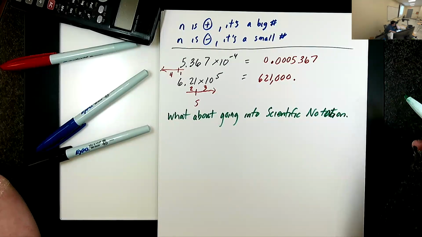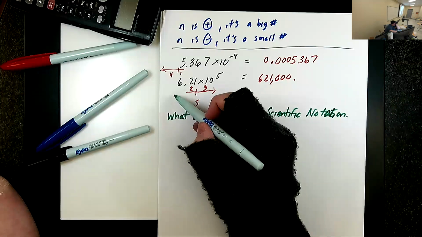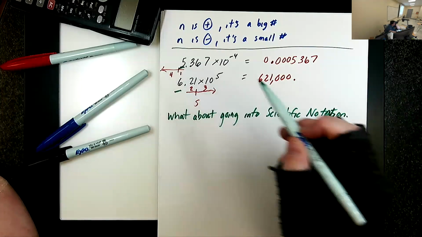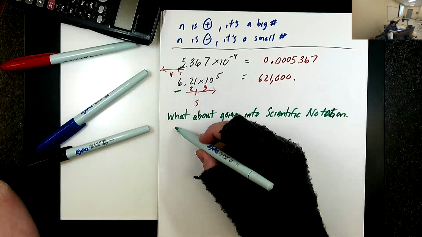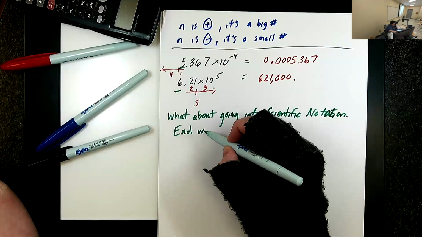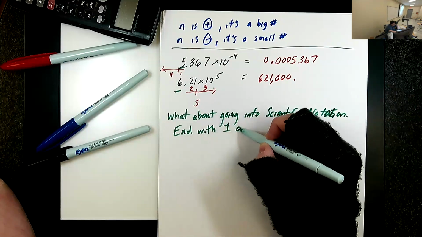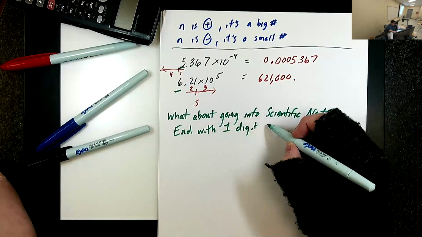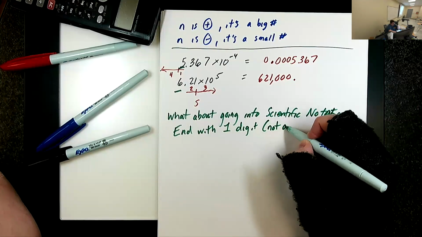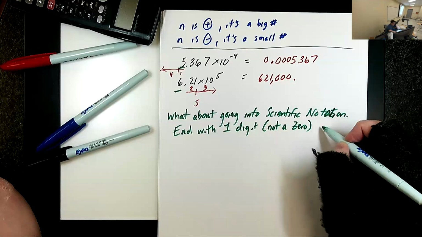If you've noticed from everything we've had, all of them have had just a single digit in front of the decimal. You want to end with 1 digit in front of the decimal, 1 digit that's not a 0, I should say.